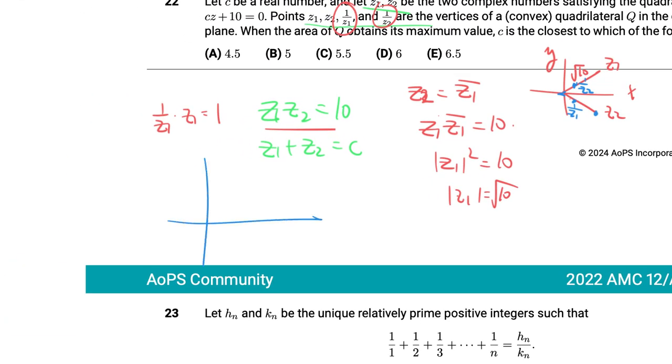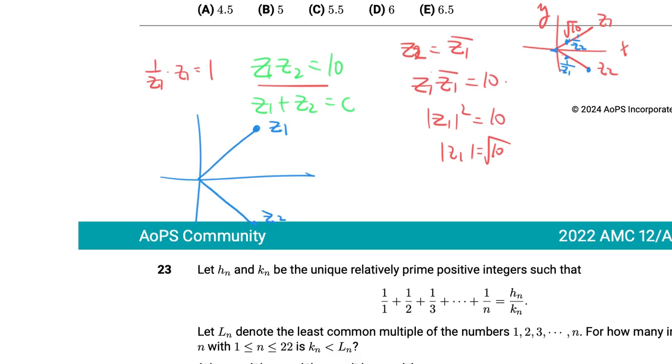This would look like z1 is here, then z2 is here. They are symmetric over the real axis. Oh, sorry, this was also real and imaginary. And 1 over z1, we said it lies on z2 with 1 over root 10, the magnitude of z1, which is also the magnitude of z2.